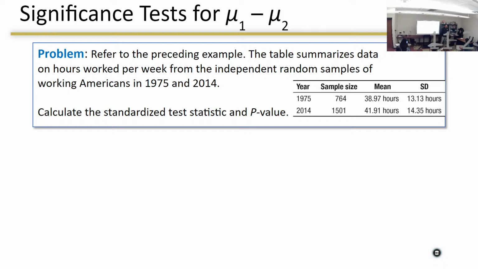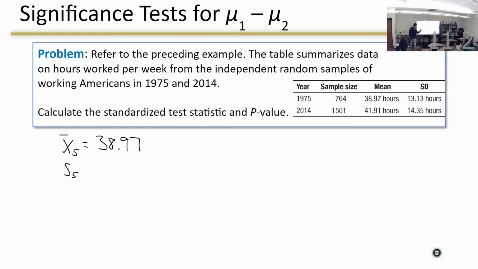Calculate the standardized test statistic and the p-value. X bar 5 equals 38.97.